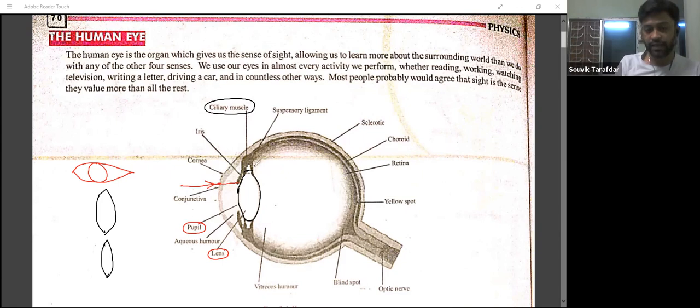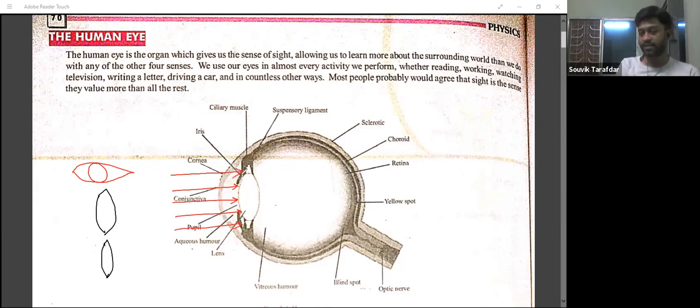A few amount of light will be stopped by the iris, okay, and the rest will go through the pupil, isn't it? Now after the pupil, it will enter through the lens.